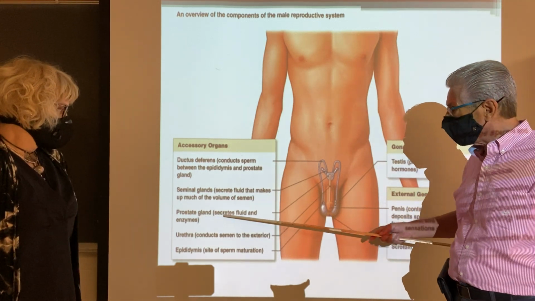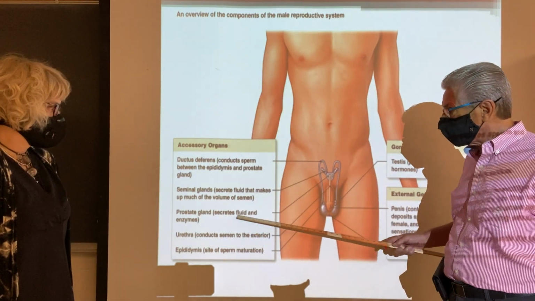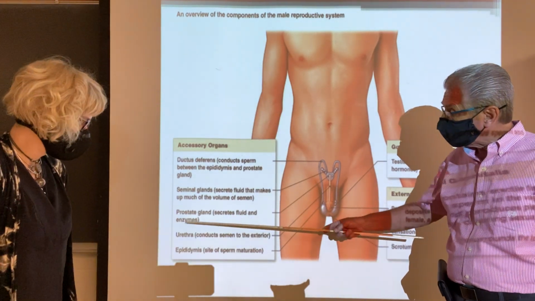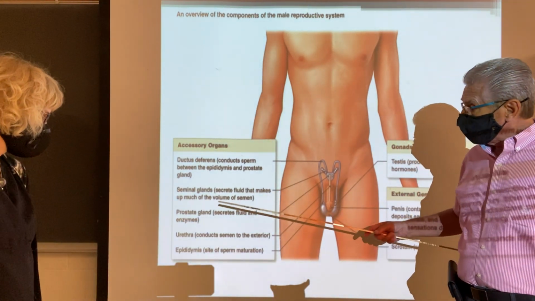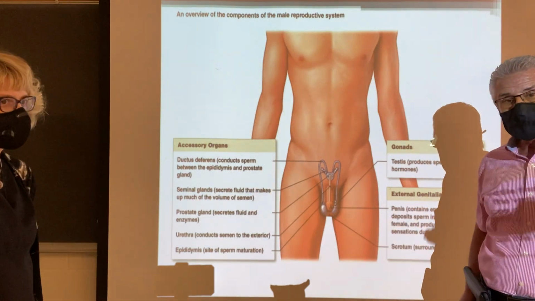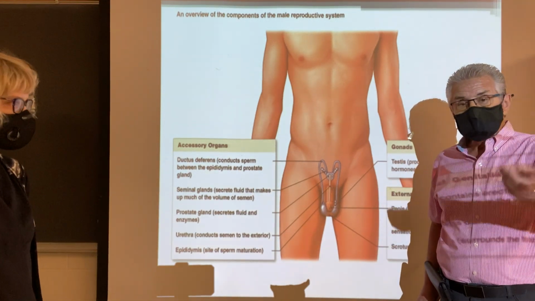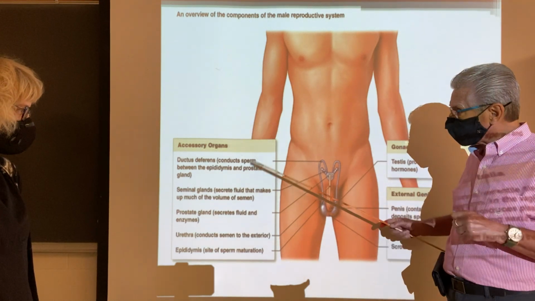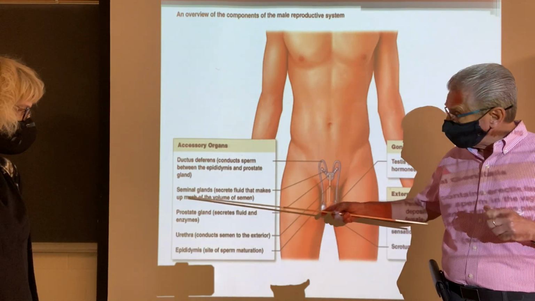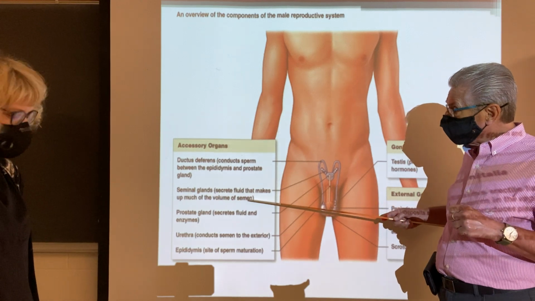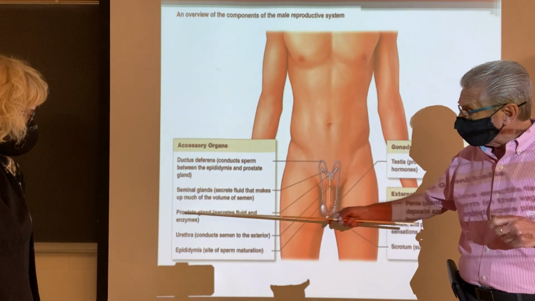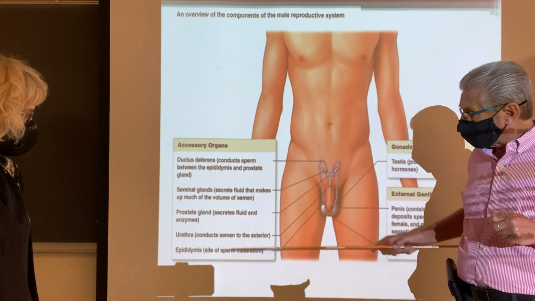The prostate gland itself produces a fluid and various enzymes, because what happens is on the journey that the sperm take from the epididymis through the Ductus Deferens, to then the seminal glands, the prostate gland, the urethra.